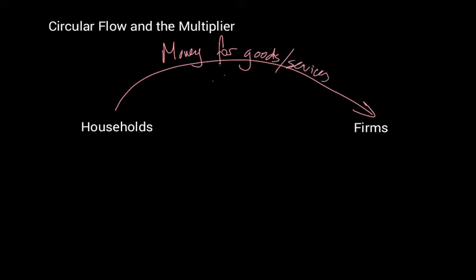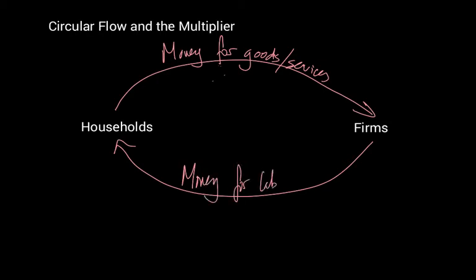Then from firms back to households goes money for labour, which we obviously call wages. So this is our basic circular flow. When we only have households and firms acting in the economy, there's this very simple flow.